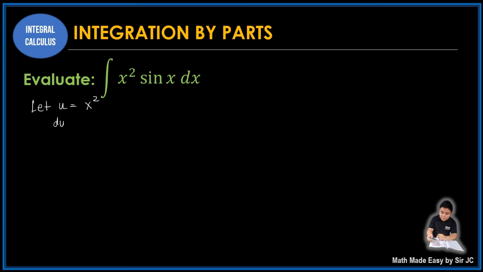Therefore, du equals 2x dx. Then dv equals sine x dx, so v is negative cosine x.